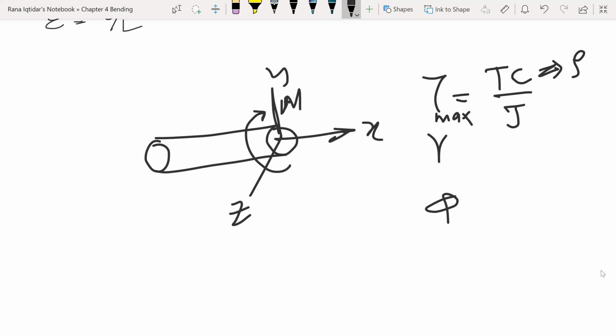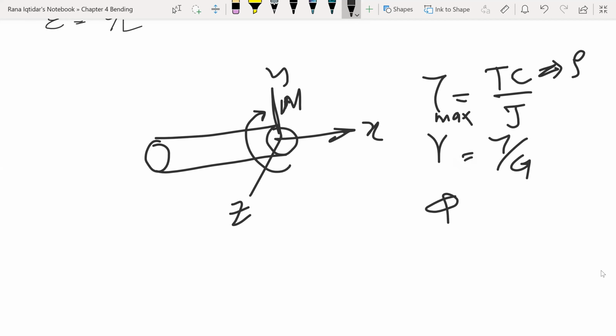Obviously, by having this value, we can go for the tau max or value of torsion at any particular value of rho, that is the distance from that particular point to the center one. Gamma, that was the torsional strain, that was equals to tau over G. G was the modulus of elasticity, right?